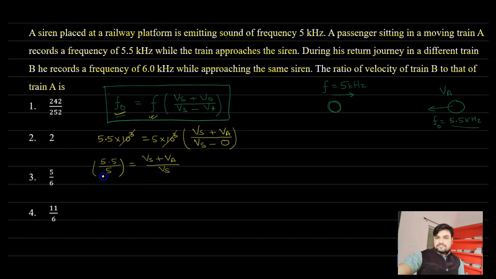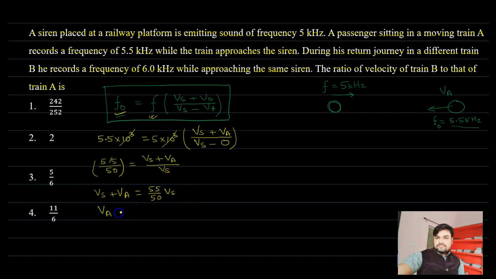Now rearranging this term, velocity of sound plus velocity of A equals 55 divided by 50 into Vs. Now we can send this to the right hand side.